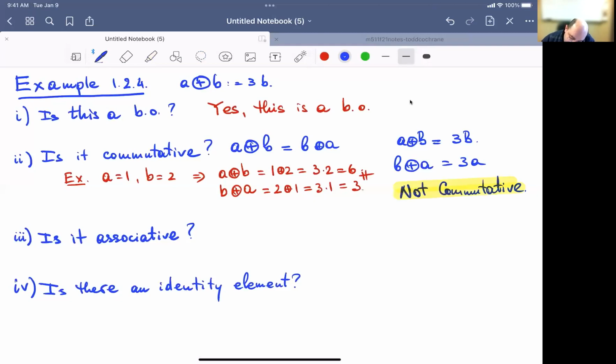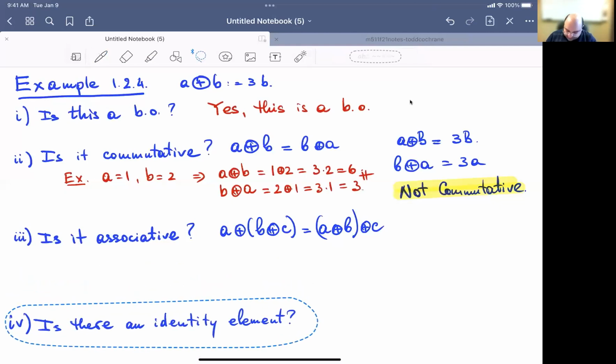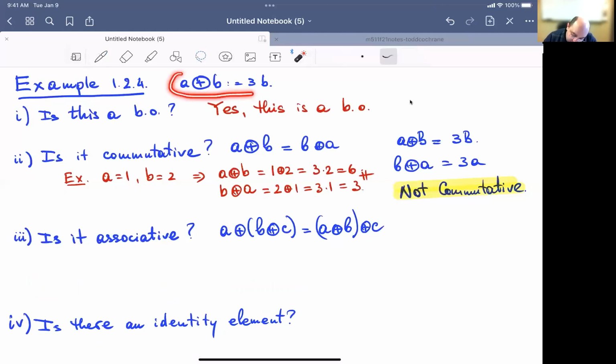To do that, we have to check if a circle b circle c is equal to a circle b, then circle c. So we should remember how this operation is defined: 3 times the second number.